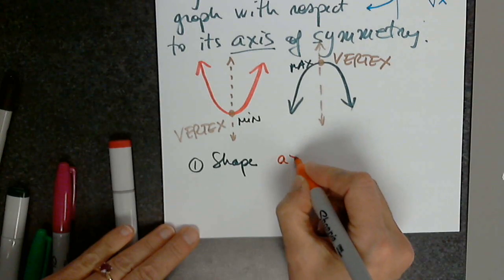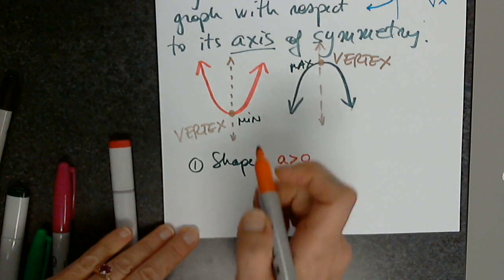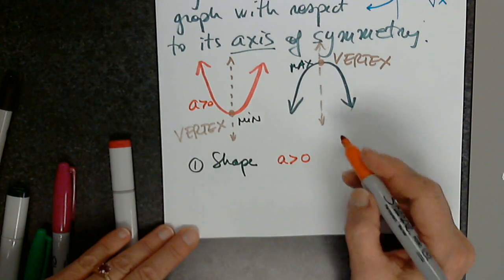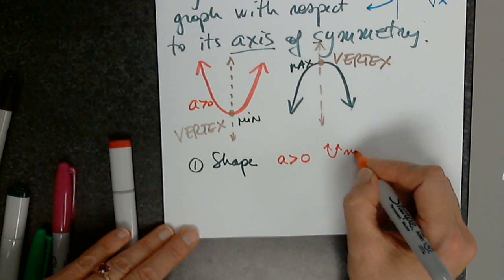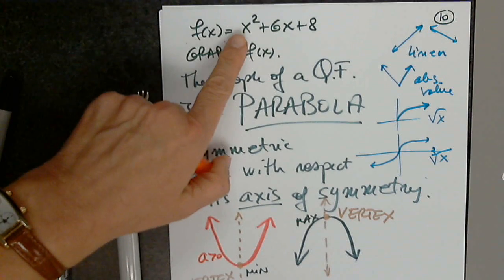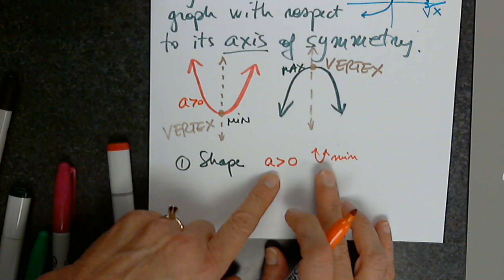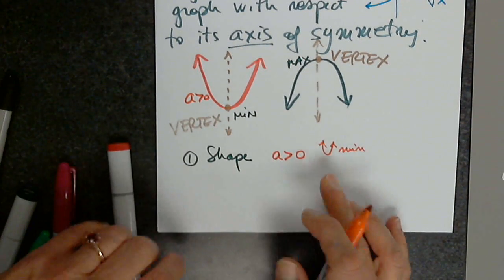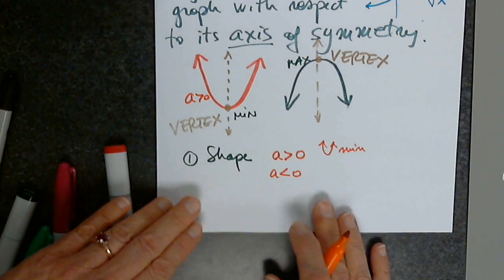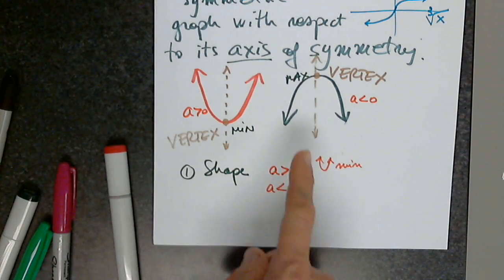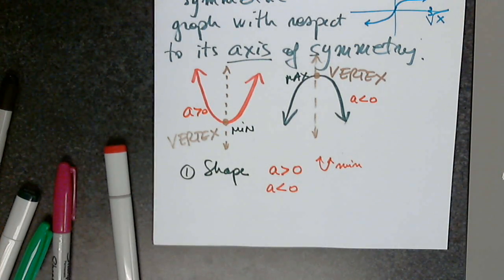If the leading coefficient is a positive number, like here, the parabola has a minimum. In this case, the leading coefficient is 1. Therefore, I know the parabola has a minimum. If the leading coefficient is a negative number, then the parabola will have a maximum, like in the second graph.